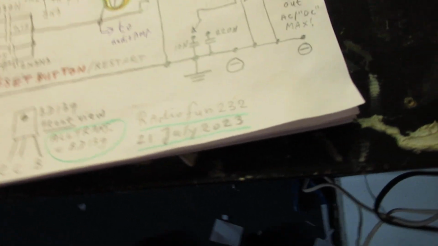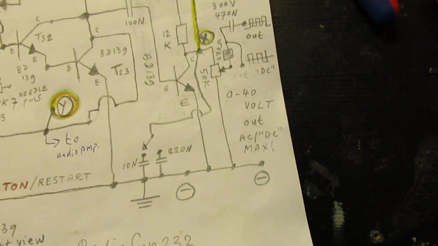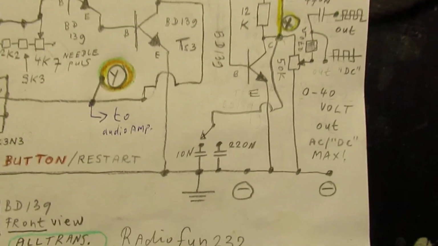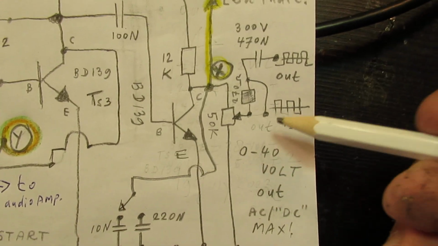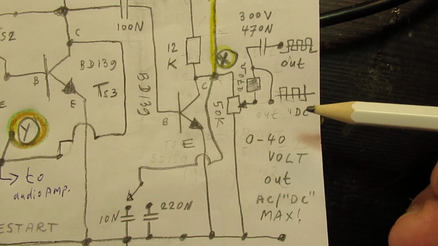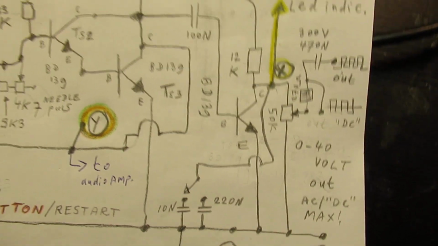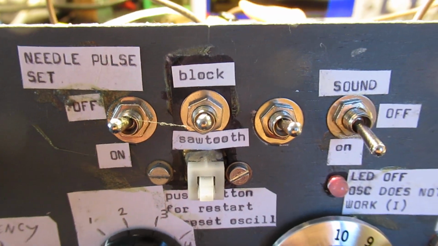And you can change whether you have here a needle pulse out or a sawtooth wave out. That's the idea here. So a block wave or a sawtooth wave.